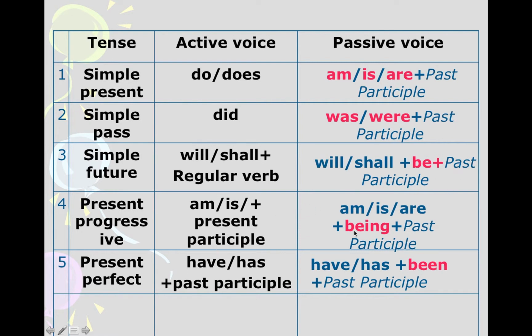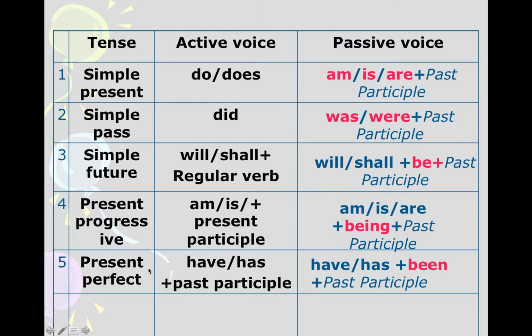So notice the passive voice has to have a past participle. Like present progressive: am, is, are plus present participle, and in passive we use am, is, are, and been, like that.